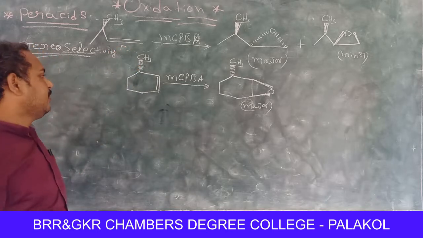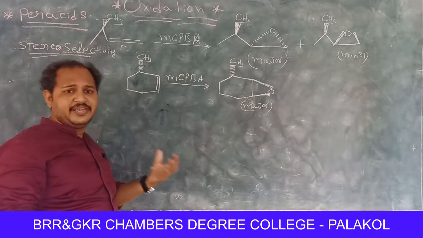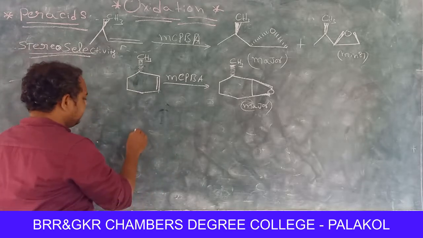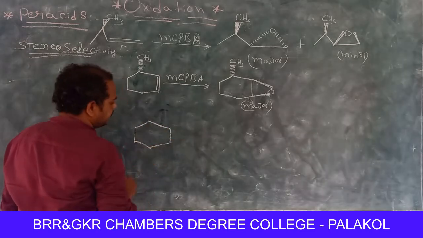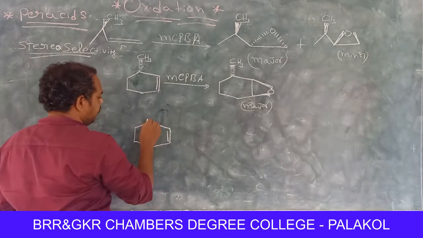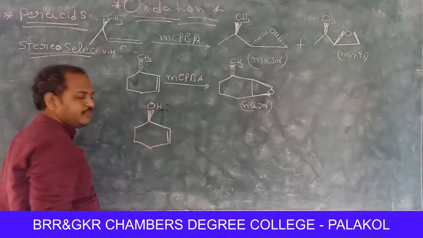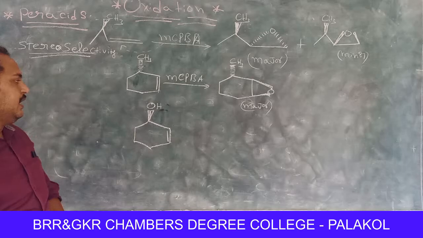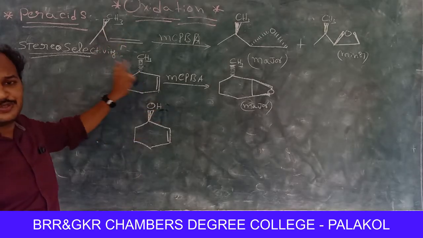Next, in the same manner, I just want to give you one more application here. Suppose there is a double bond and some OH group present near the double bond. Here OH is the substituent, and the methyls are also substituents.